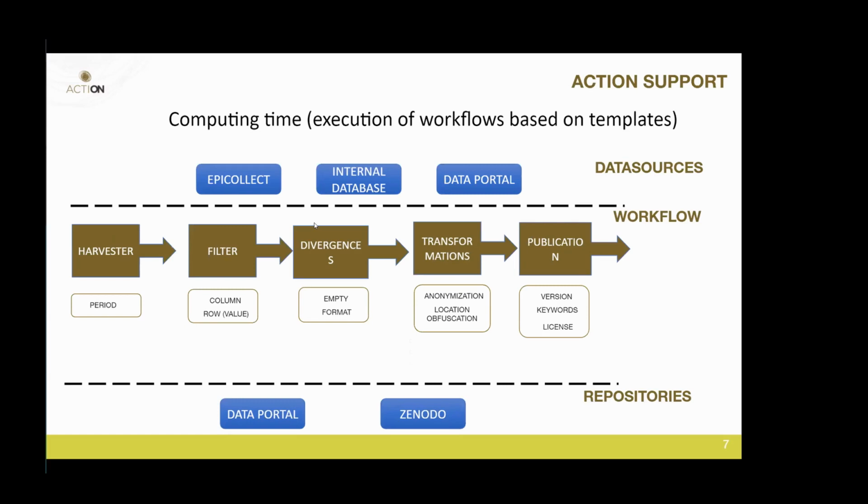In the example in the slide, the first stage loads the data from Epicollect or internal databases. You can clean the data, for example by removing columns if you have personal data. You can also make transformations: if you have personal data but don't want to remove it, we can anonymize it by executing some scripts. So basically we can give you computing time to execute scripts on our servers.